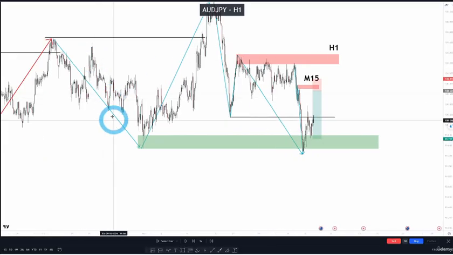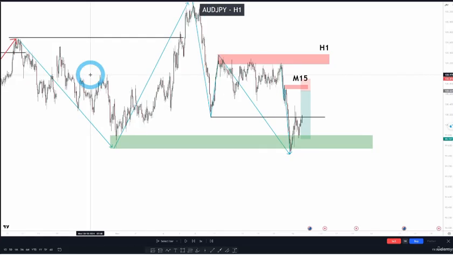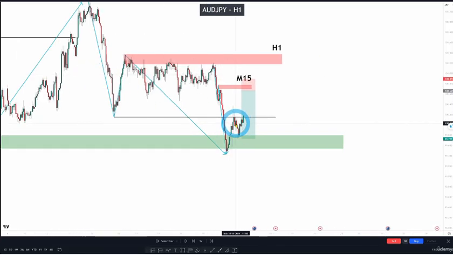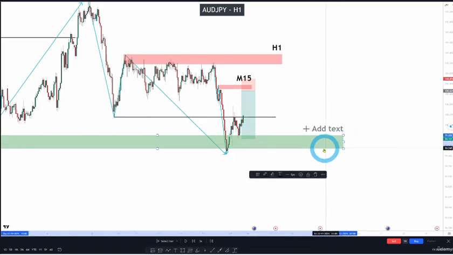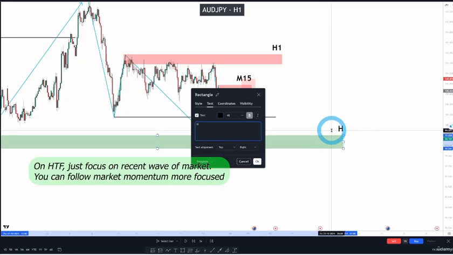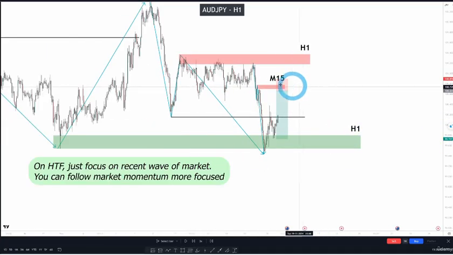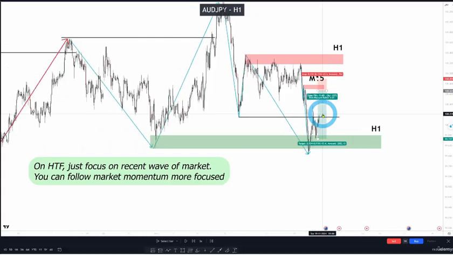When you analyze everything in detail like this, you can understand why the market starts the up wave right over here and explain everything clearly. But in trading, I just want you to focus on the down wave right over here, as I explained before, because we are following the pullback wave of the market, right?